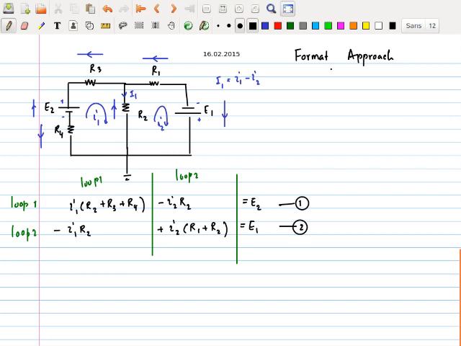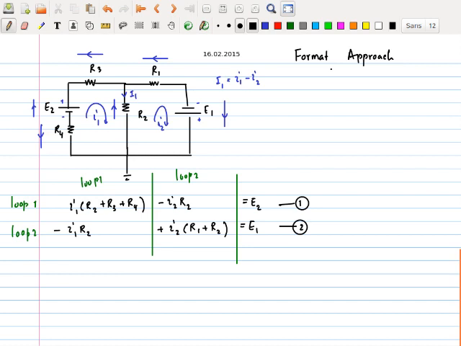Each mesh will have a loop current associated with it, and each of them will generate an equation. How many equations would you have? 100 equations. How big would your determinant be? 100 by 100. You know how to find 100 by 100? No, you need a computer program to do that.